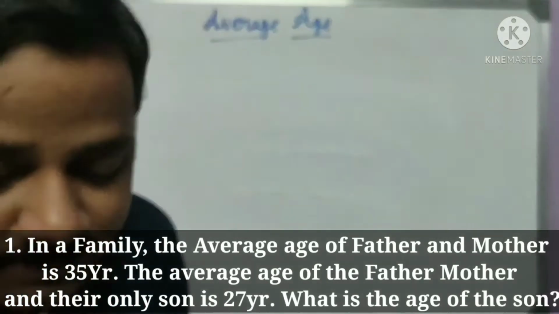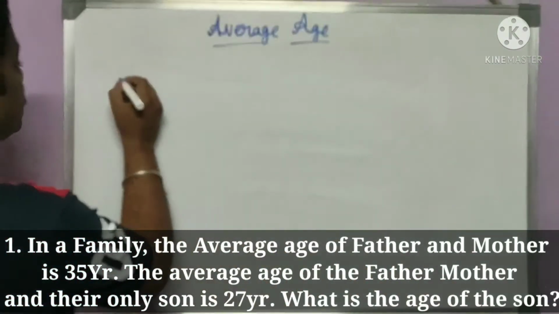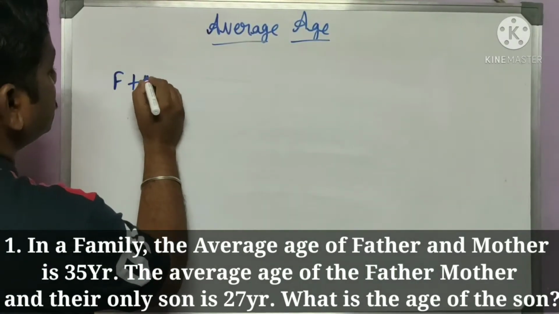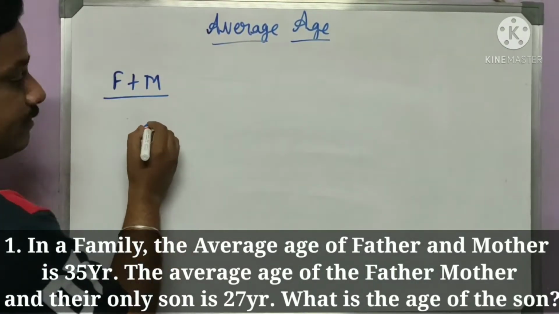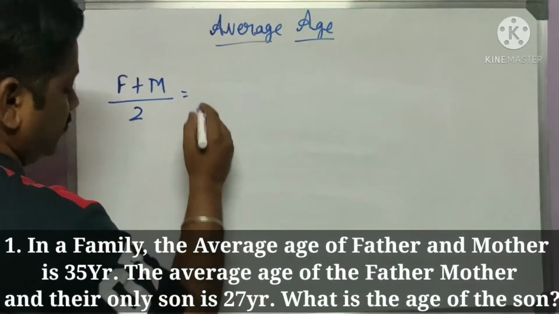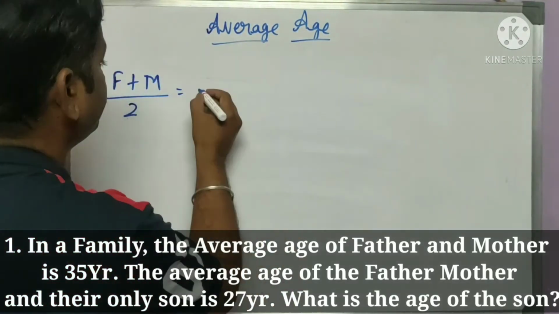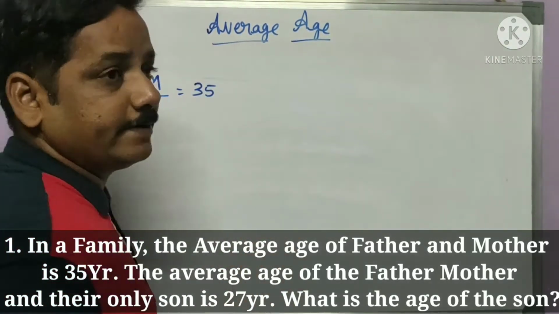So let us write the statements here. The average age of father and mother is 35. So the age of father plus age of mother, divided by how many observations? 2. Then that average is given as 35. This is the given statement.